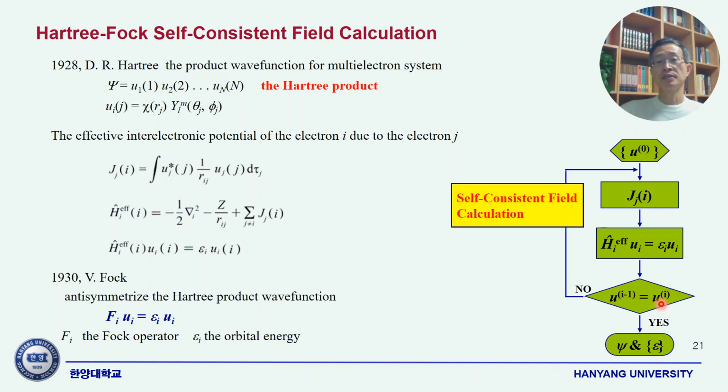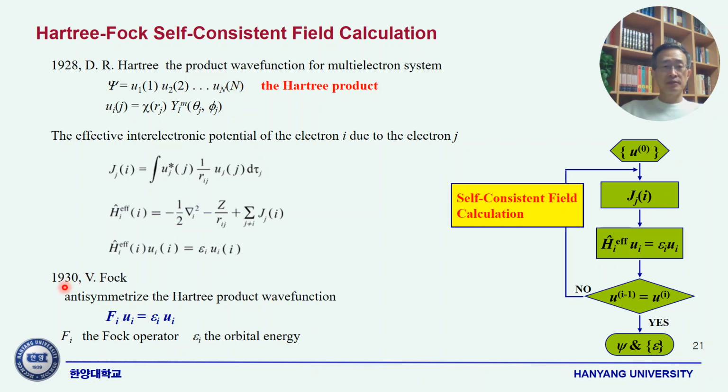If it's the same, you stop, and you obtain the orbital energies and wave functions. But if not the same, you go back and repeat, iterating this self-consistent field calculation until you obtain self-consistency. Then that's the answer. But the obvious problem here is that this is not antisymmetrized, of course.